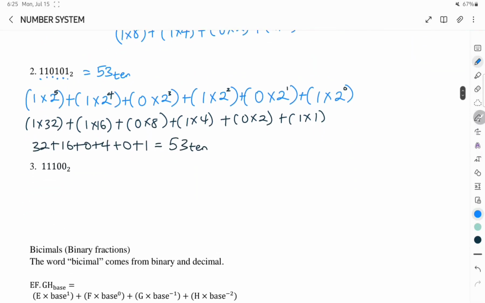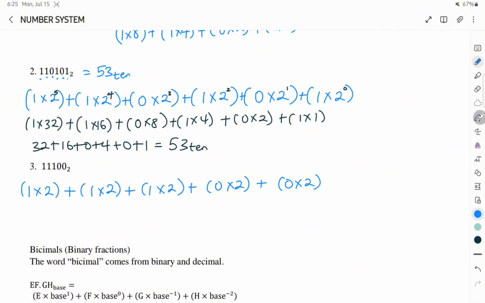Another example here, we have 11100 base 2. The first step is to open a bracket and multiply each digit by the base. So 1 times 2, another 1 times 2, another 1 times 2, then 0 times 2 and 0 times 2. Afterwards, we insert a plus sign.